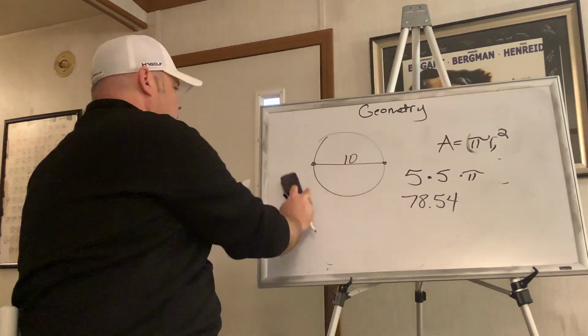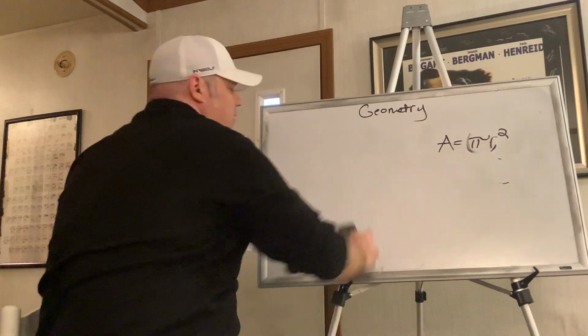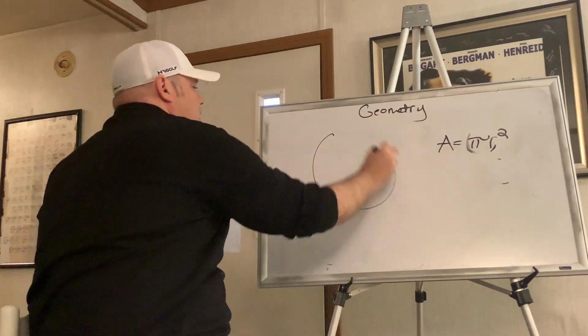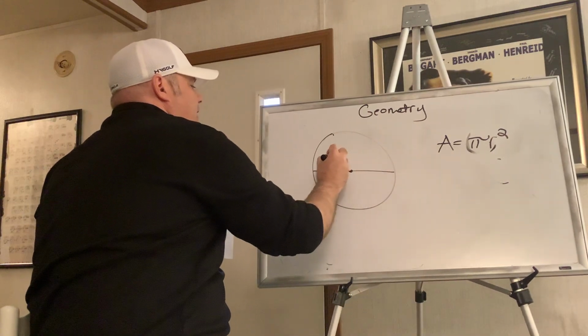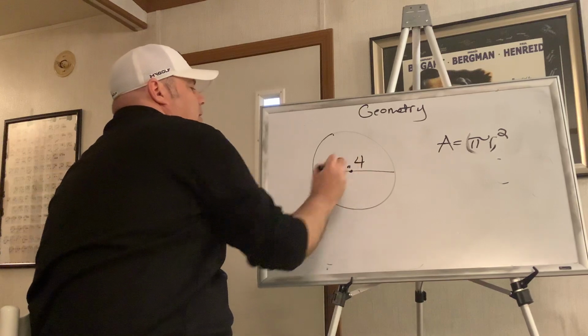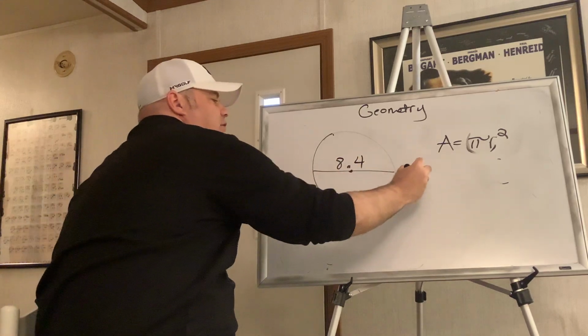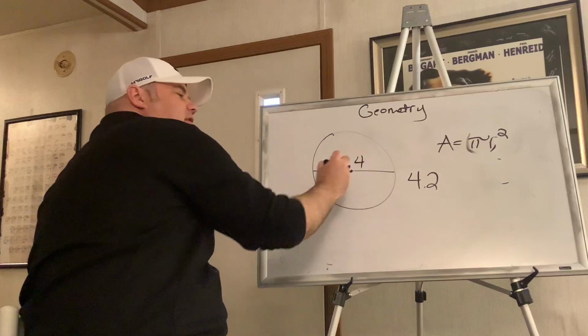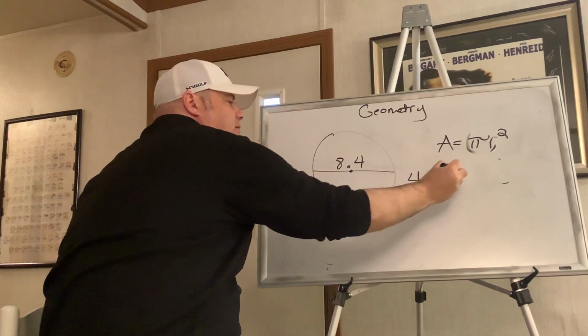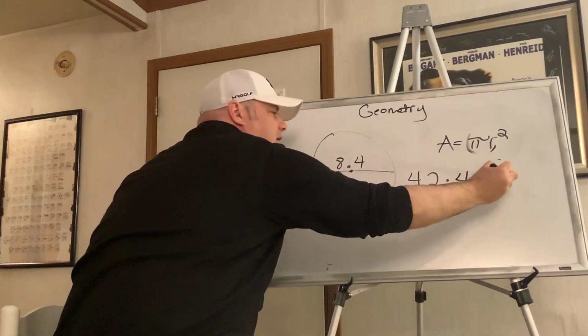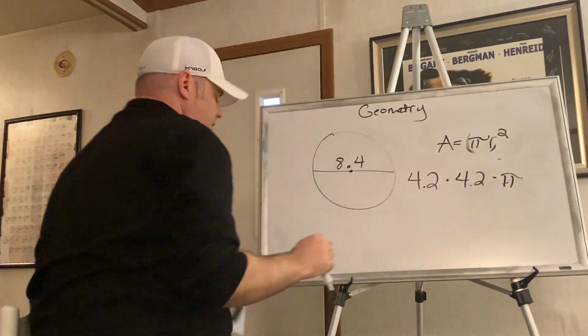Let's do one more, same thing, but let's make it a little bit harder. Let's say we have a diameter of 8.4. Well, that means my radius is 4.2. Cut that in half, and then multiply it times 4.2 times pi. You're going to square the radius and then times pi.